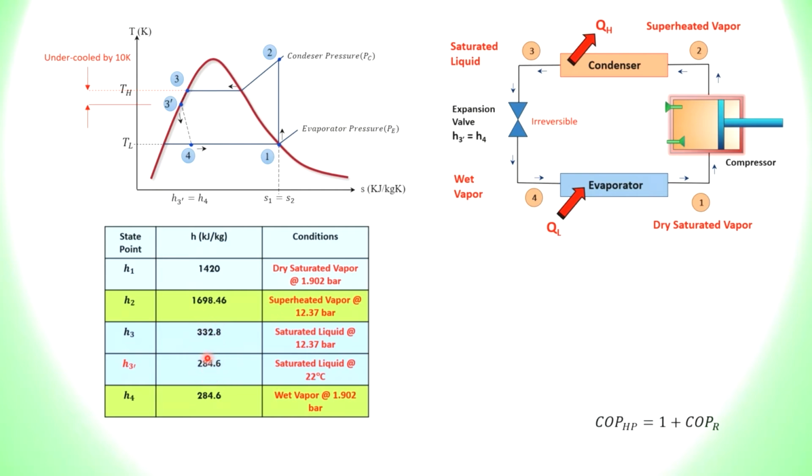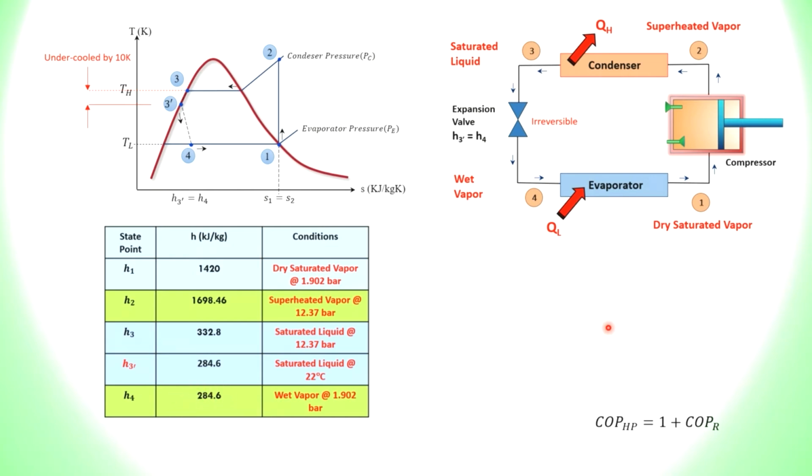Instead of using H3, we use H3 prime. So your QH, or the heat rejection, should be H2 minus H3 prime, not H2 minus H3. H3 prime is equal to H4.